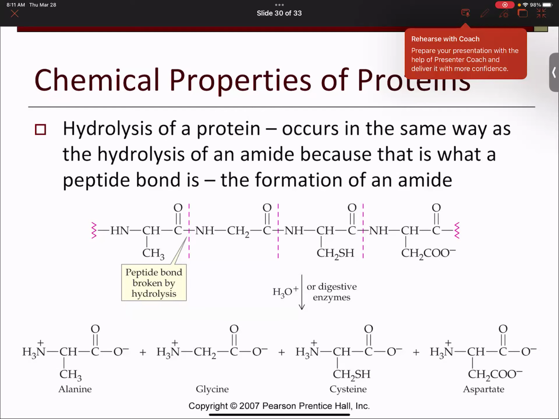But if it does not tell you what goes on, it will be specified in the question. So in this particular case, you can't get an idea of what trypsin does. That's why they told you that it breaks the peptide bond on the carboxyl side of these particular amino acids. Questions?